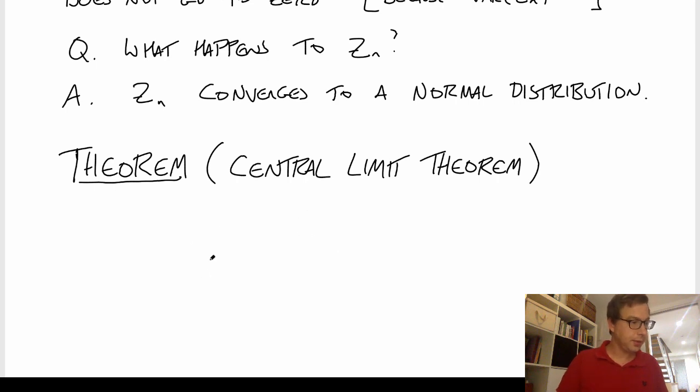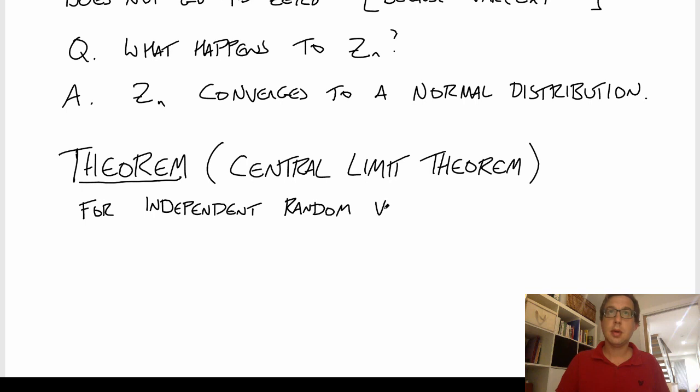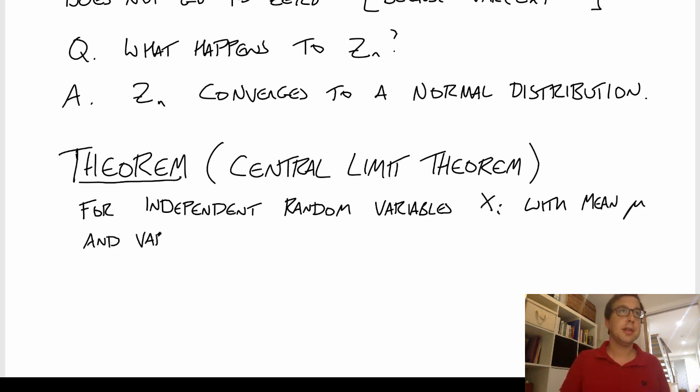Okay, so for independent random variables, and let's call them Xi, with mean mu and variance sigma squared, and Zn given as above.